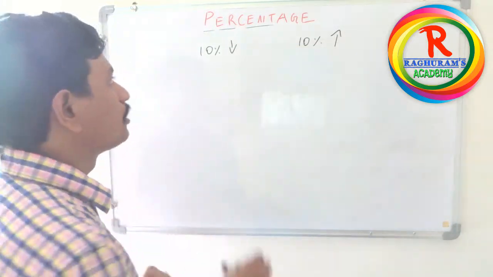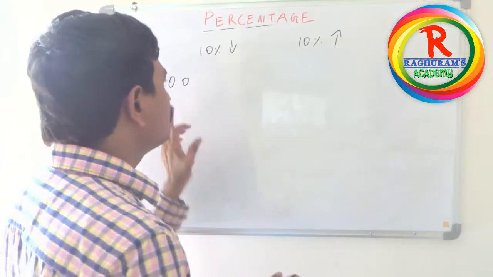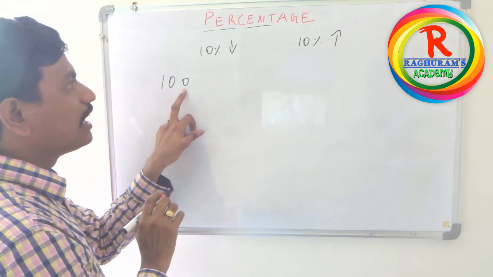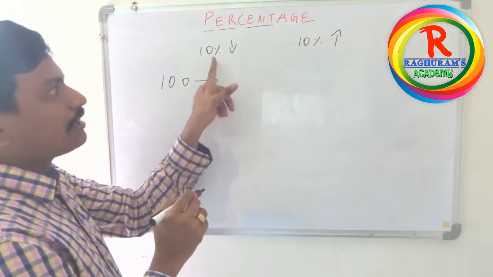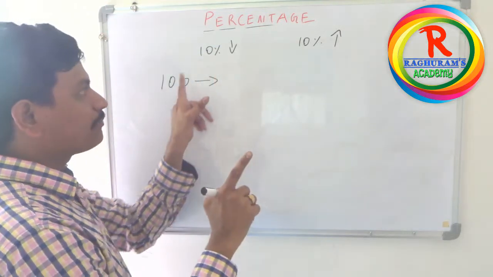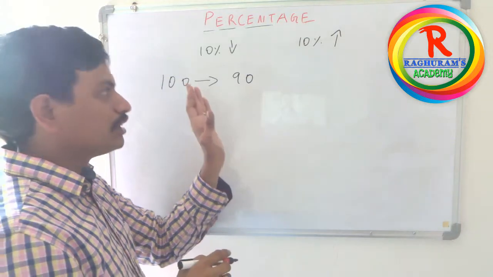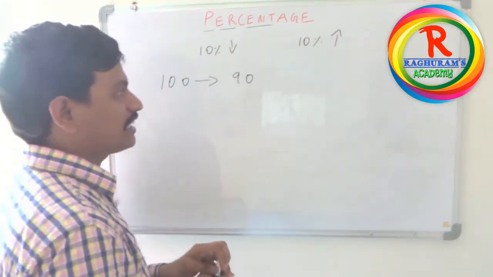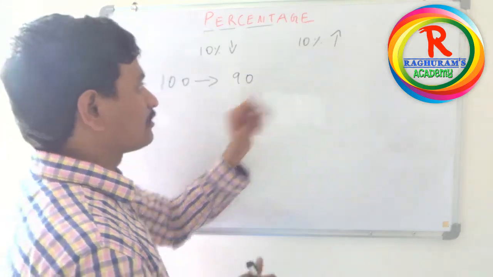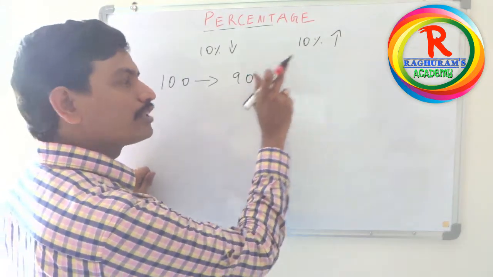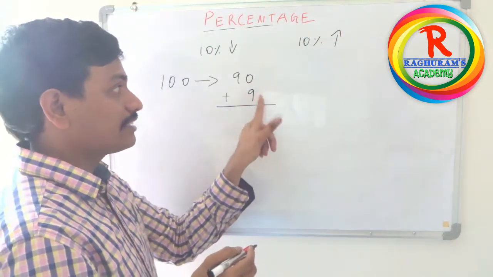I'll tell you how. Suppose his salary is 100 rupees. Just simply remember. So just take 100 rupees. First month they reduce it by 10%. 10% of 100 is nothing but 10. So 100 minus 10 is 90 rupees. And next month they increase it by 10%. 10% of 90 is 9.